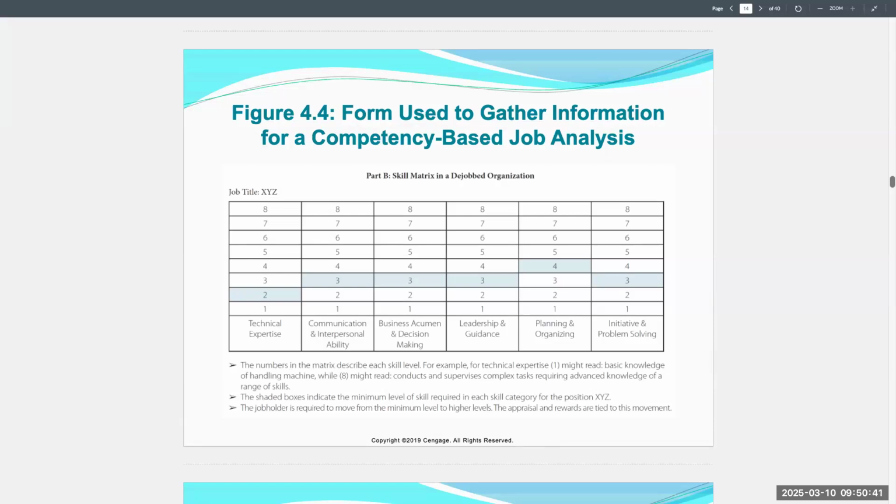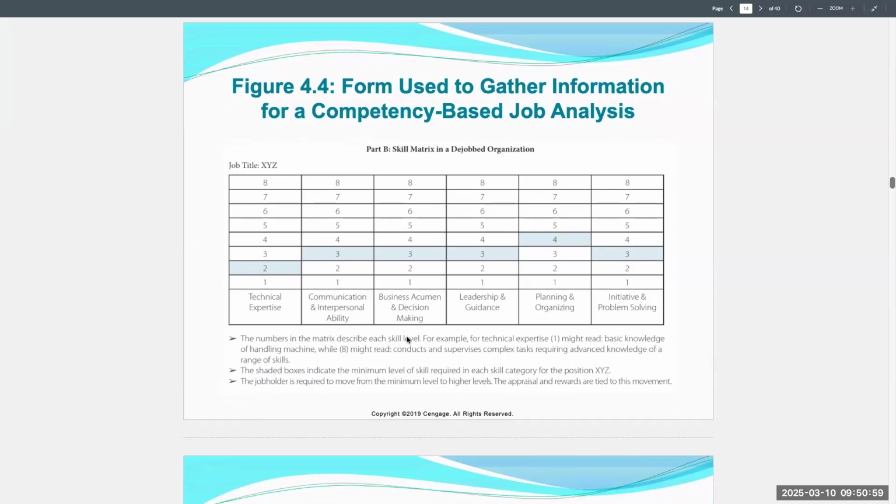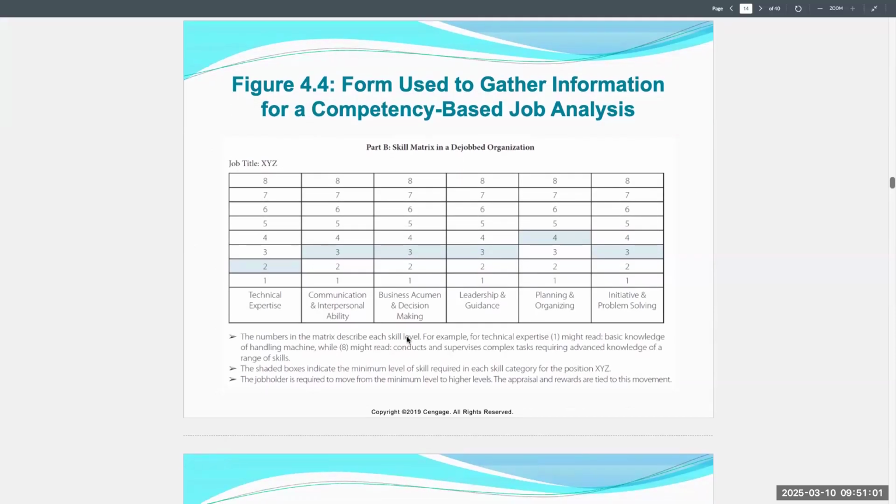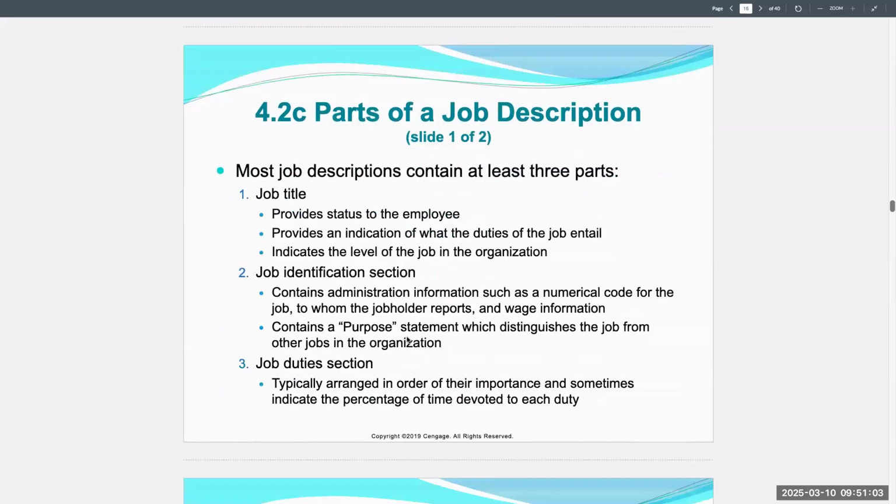And each column highlights key components such as technical expertise, communication, leadership, problem solving, and decision making. Now, the shaded areas indicate minimum skill levels required for this position, setting that benchmark for employee evaluation and career development. With this matrix, you can see how things are evaluated and so forth.